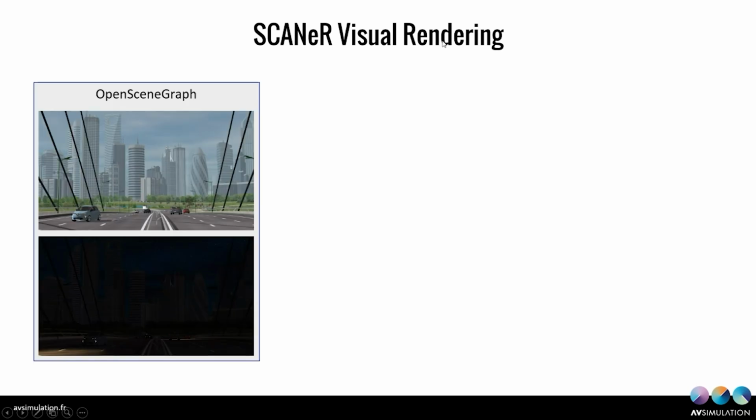I wanted you to know that in SCANeR there are several visual rendering processes. First of all, there is the OpenSceneGraph visual renderer. This visual renderer is the one that has been available for quite some time now, and is the one that has the most embedded features in it.